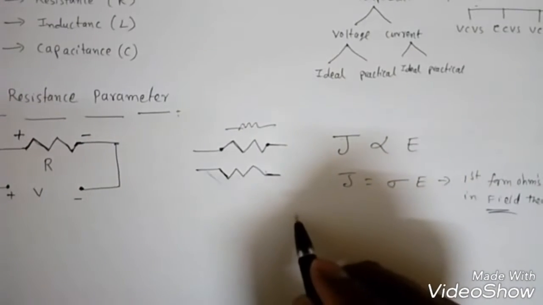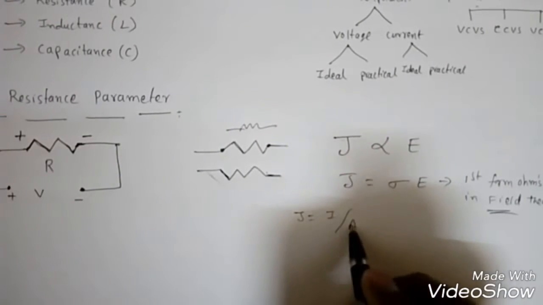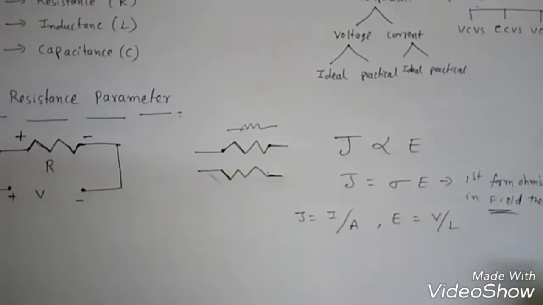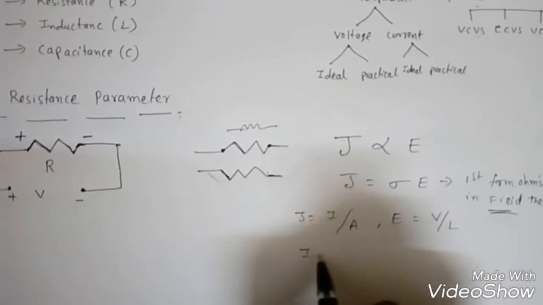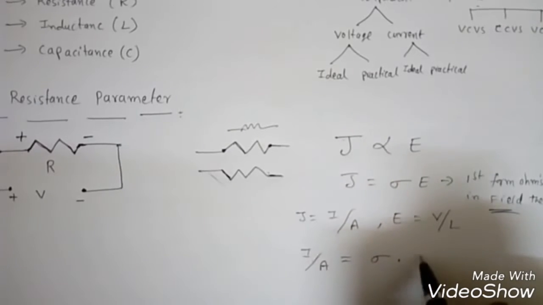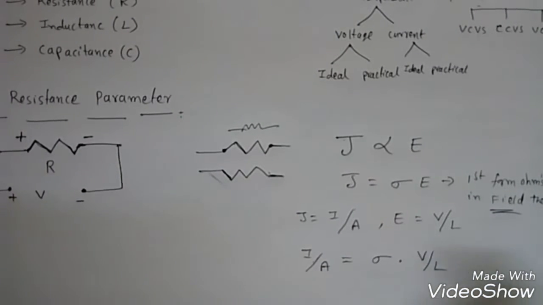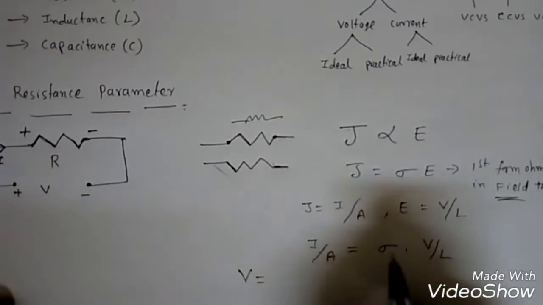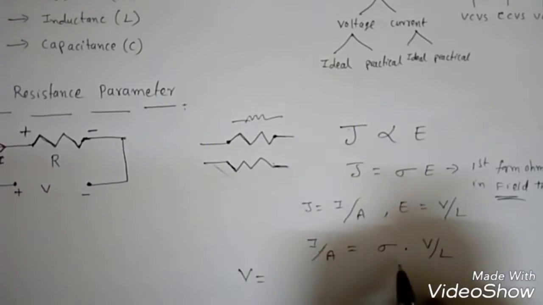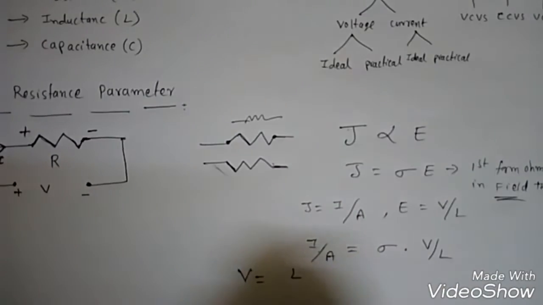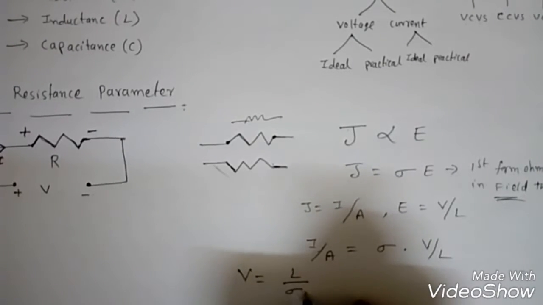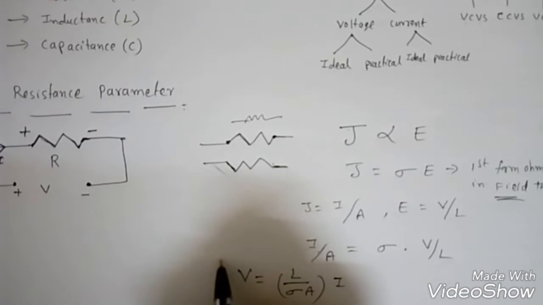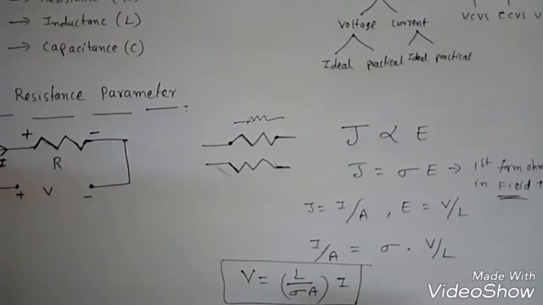We know that J is equal to the current per unit area A, I by A, and the electric field is the volt per unit length, V by L. Substituting, I by A is equal to sigma into V by L. Now making V the subject, V is equal to L by sigma A into the current I. This is Ohm's law in circuit theory.